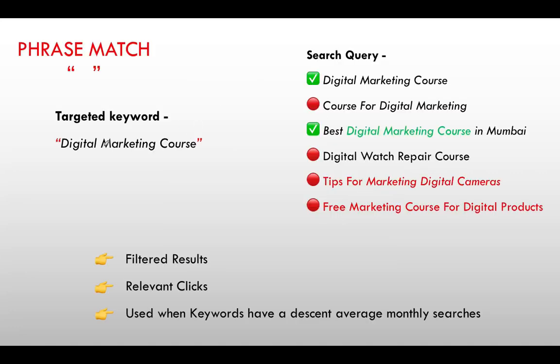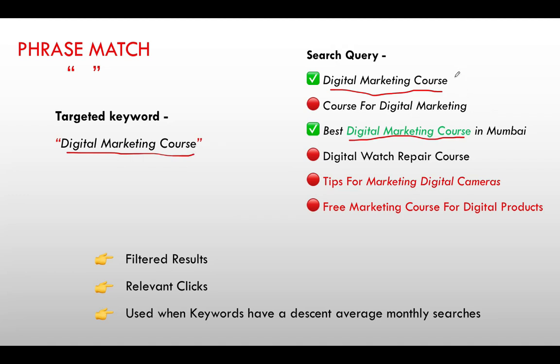Let us look at a few examples. If the keyword is digital marketing course in double inverted commas, that is phrase match, your ad will get triggered for search queries like digital marketing course and for search queries like best digital marketing course, right? Because both the search queries contain the phrase mentioned in the double inverted commas as digital marketing course.